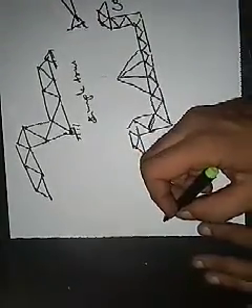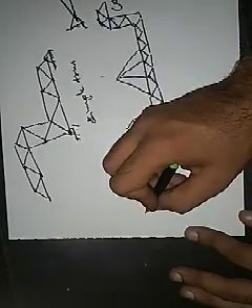This is a simple truss, this is a compound truss, and for a complex truss we get a spatial structure.